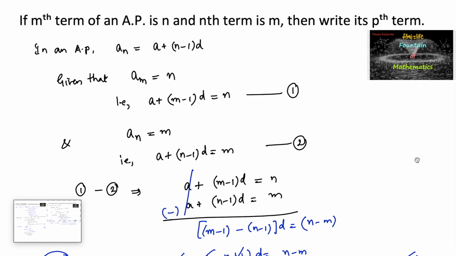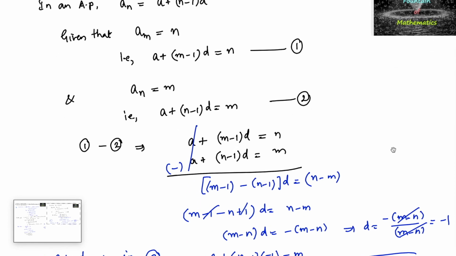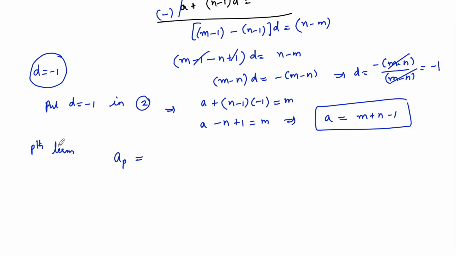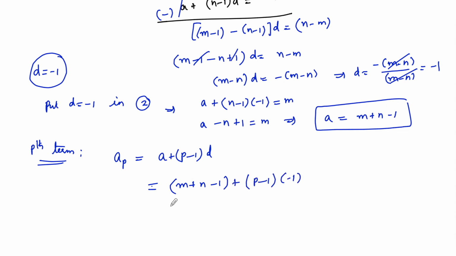And now we need to find the pth term. So let us consider the AP: a plus p minus 1 into d. The first term a is equal to m plus n minus 1, plus p minus 1 into common difference minus 1.